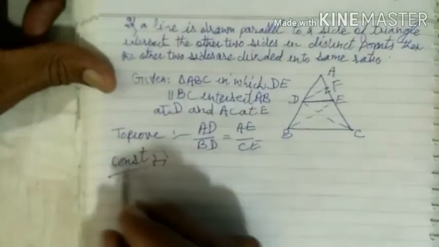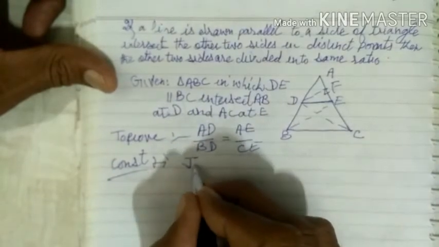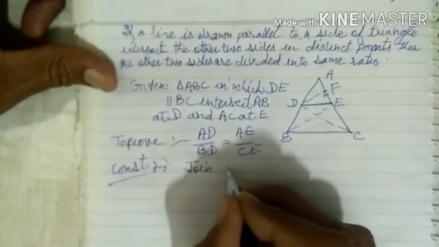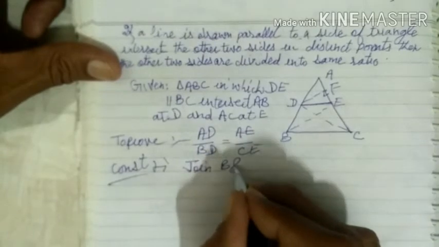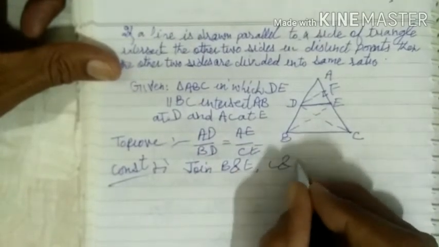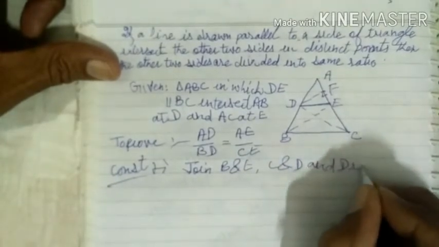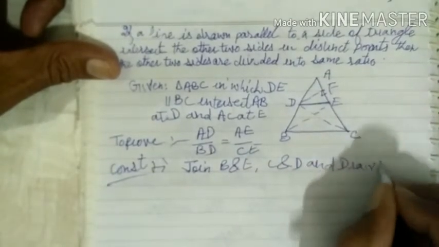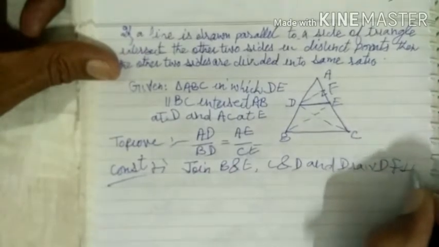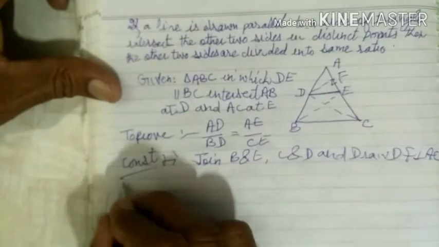So therefore, construction will be join B and E, C and D, and draw DF perpendicular to AC.